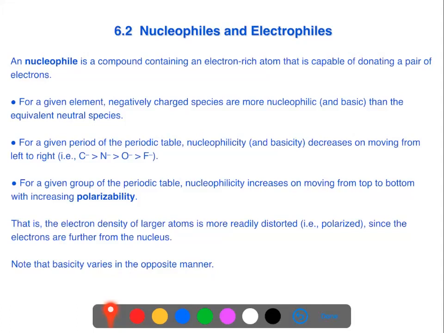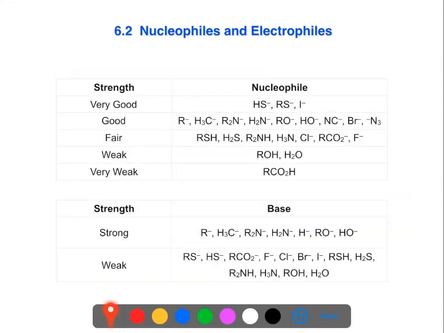Now, what I've done in this next slide is I've tabulated, using multiple sources, half a dozen organic chemistry textbooks and other reference sources that I use, to somewhat categorize the relative strength of nucleophiles and bases.